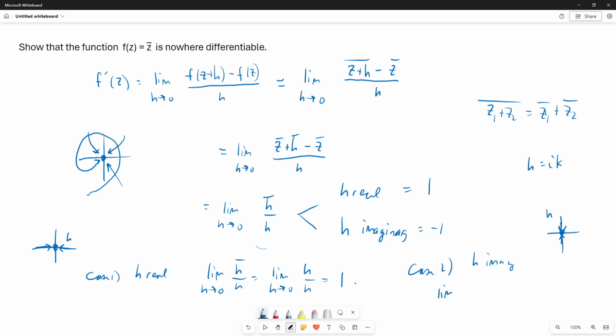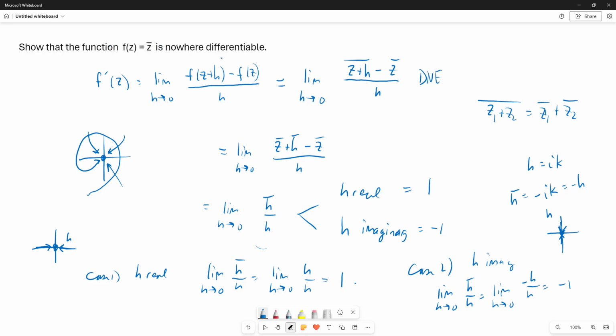So this is the limit as h goes to 0 of h bar divided by h. And if h is a purely imaginary number like this, then its conjugate is negative ik, which is negative h. So this is the limit as h approaches 0 of negative h over h, and that ratio is negative 1. The limit of negative 1 is negative 1. So then finally, since negative 1 does not equal 1, this limit does not exist.